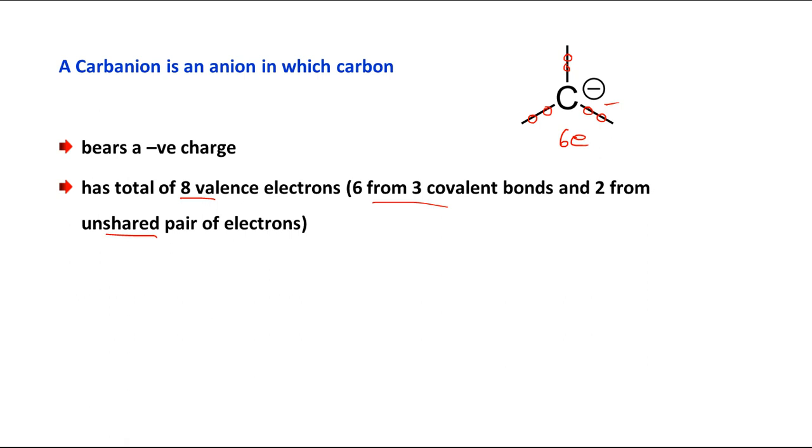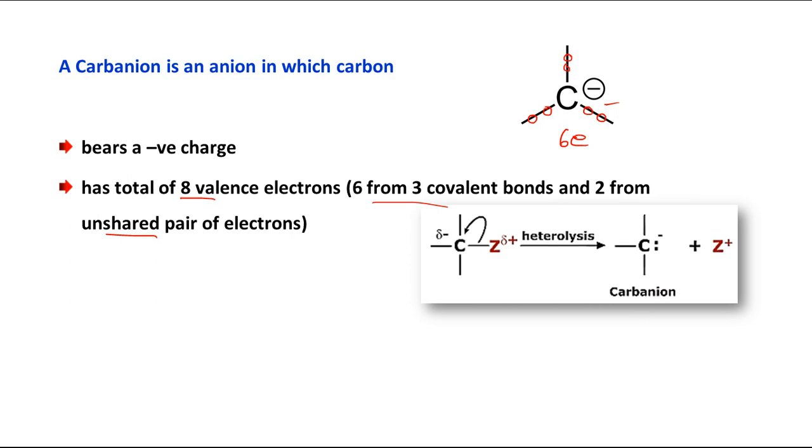Let's see a quick, very simple example of how the carbanion is generated. Here we have taken this molecule where carbon is attached to 3 groups. Which groups is not mentioned, but here it is also attached to Z. Now suppose carbon has more electronegativity than Z, then after cleavage of this carbon-Z bond, that is heterolysis, both the electrons in the bond between carbon and Z will come over to C, not Z, as C is more electronegative.